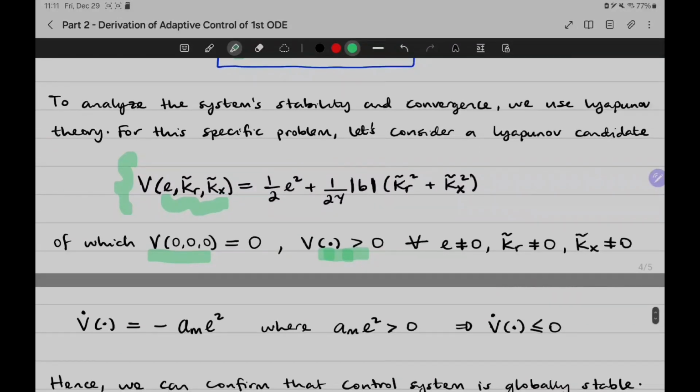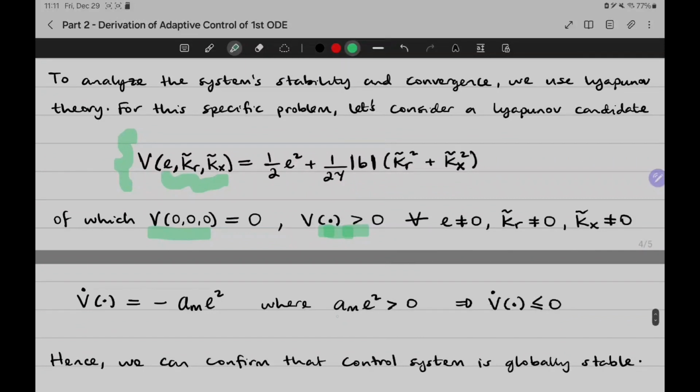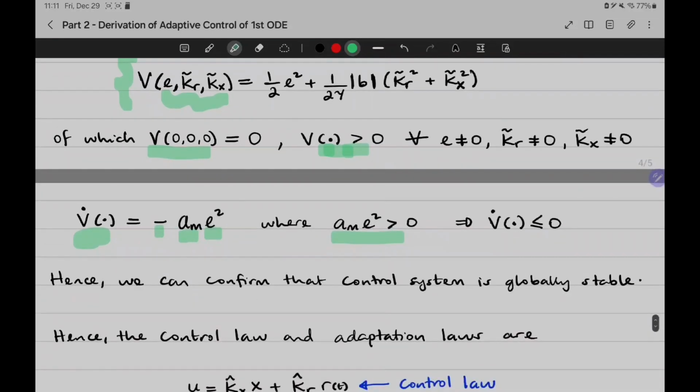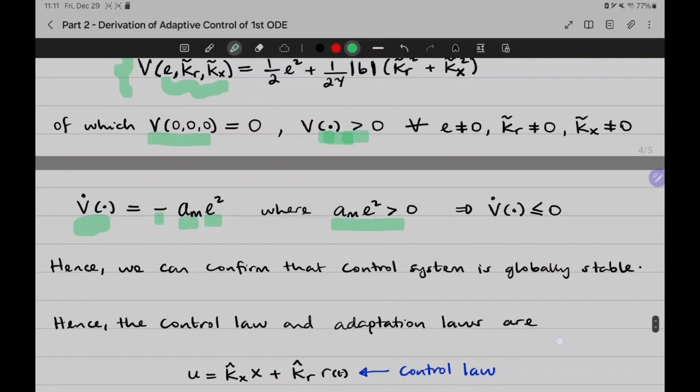When you take the derivative, we want V dot to be less than or equal to 0, which is going to be the case because E squared is always positive, AM is positive, and so V dot is always going to be less than 0. And so we can confirm that the system is globally stable.